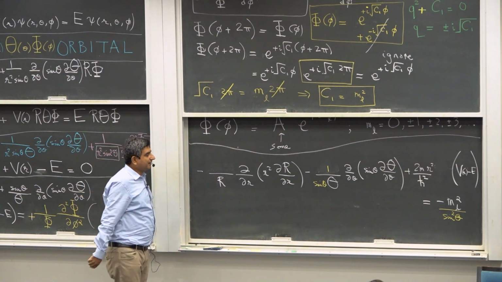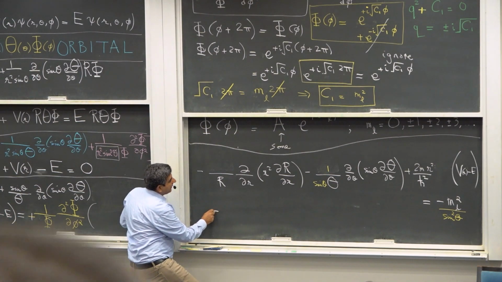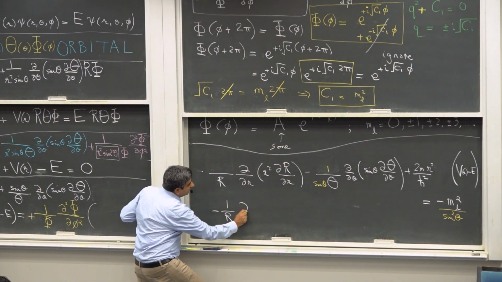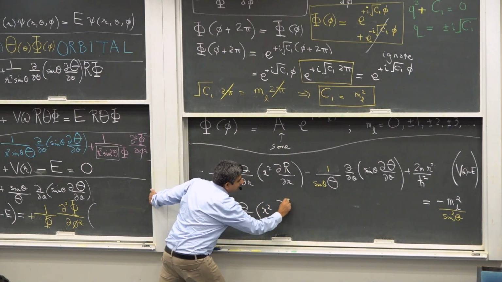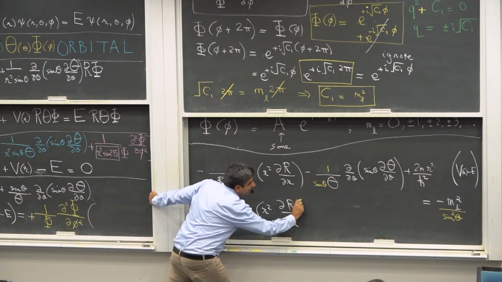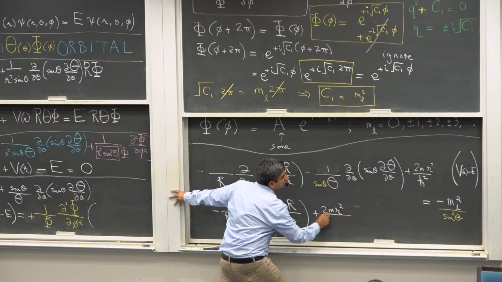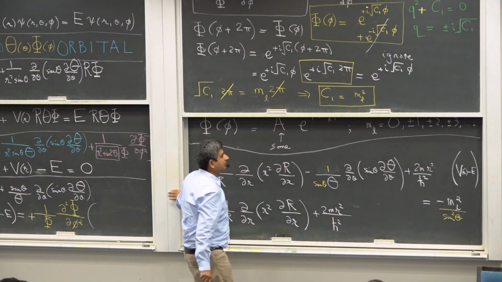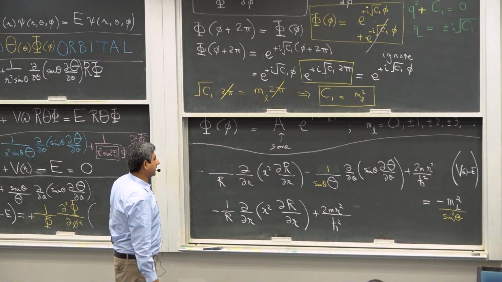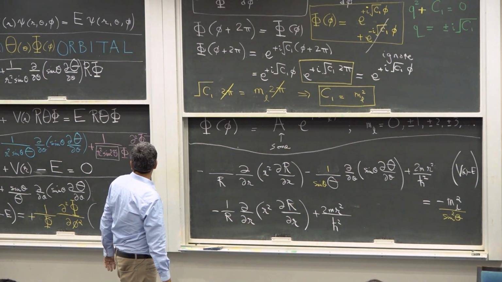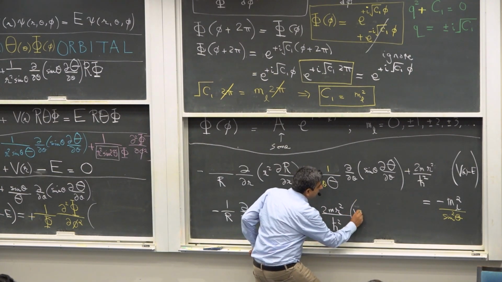So if I were to do that, let me write down this final form: minus 1 over R square plus 2m R square over h bar square (V(r) minus E).